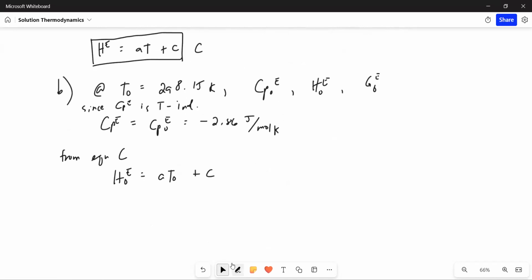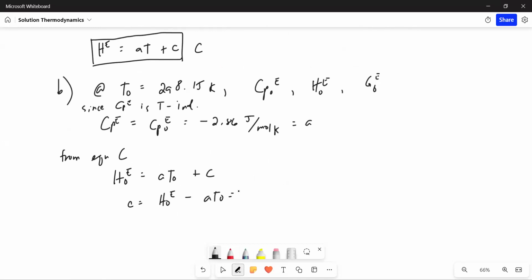Yes. Our A is just CPE. We let that earlier, right? So this is CPE. We have T naught. We have H naught that is given. Therefore, we can solve for C, and that is HE naught minus AT naught.